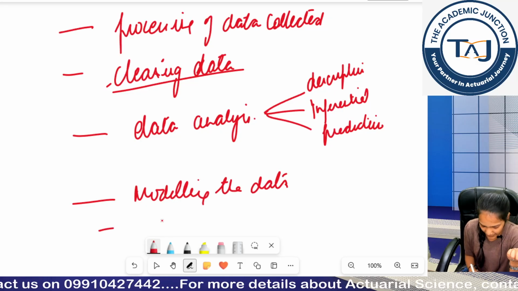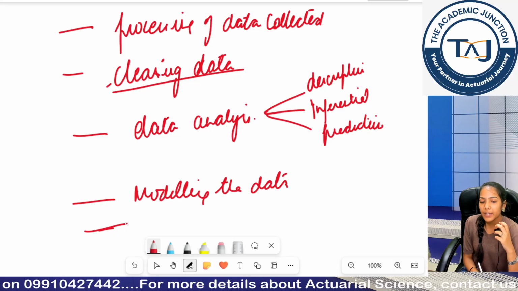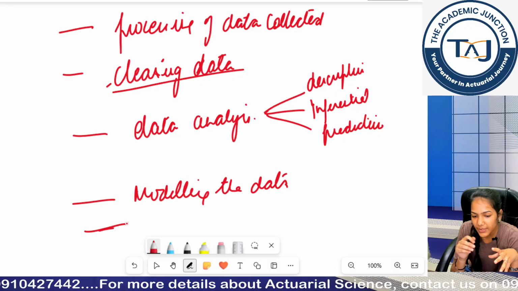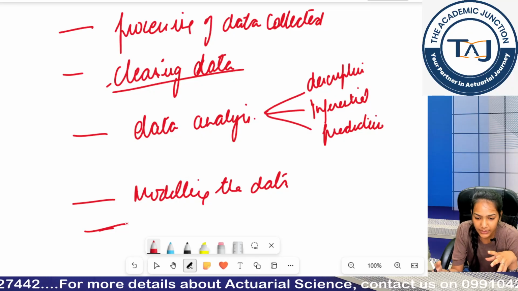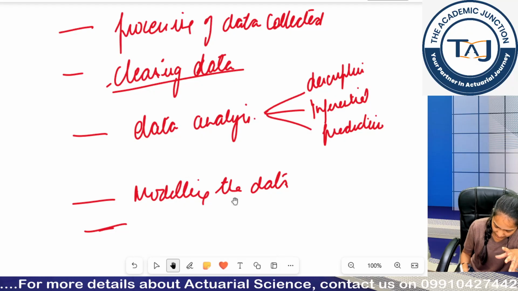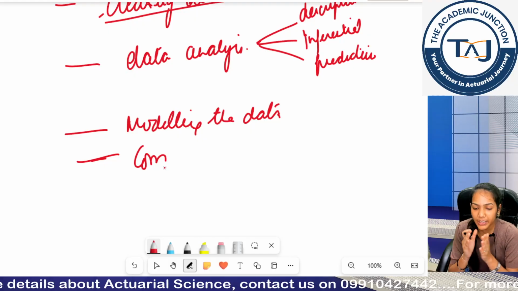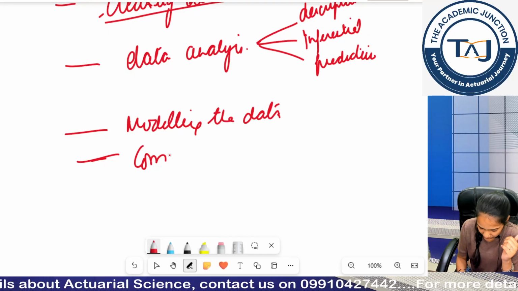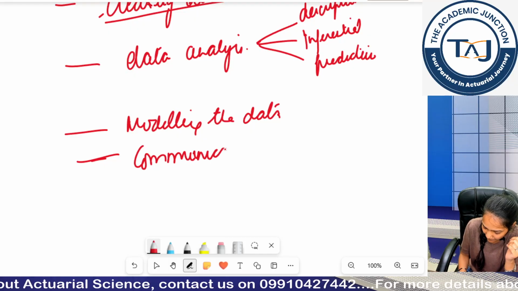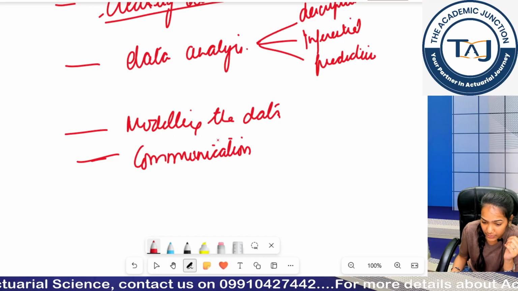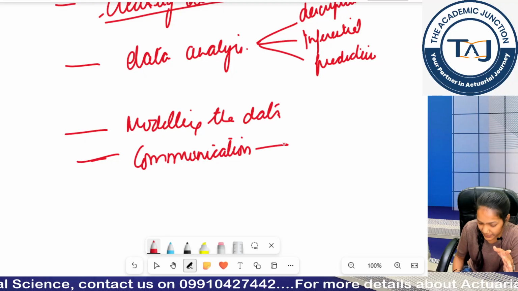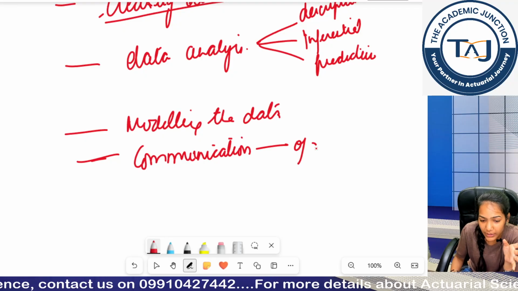And once we have prepared a model, modeling is basically thinking of a case scenario and modeling the events. And finally, once you are done with everything, you would be communicating the results to the client, right? So last but not least, a very important step is communication of the results.